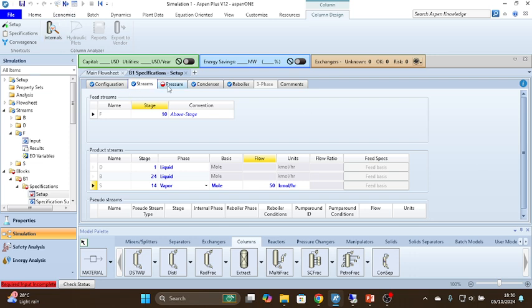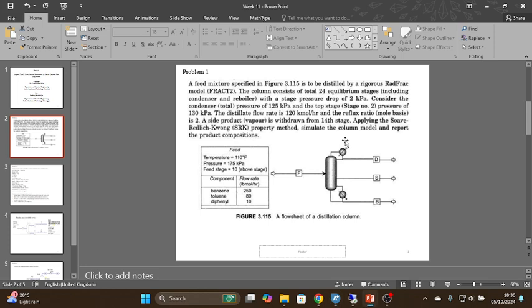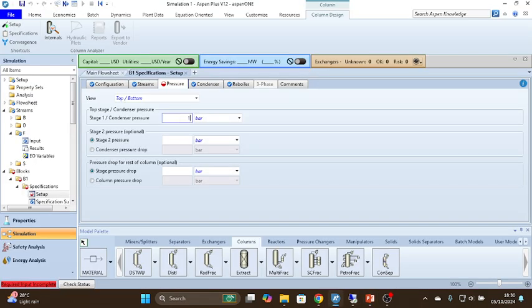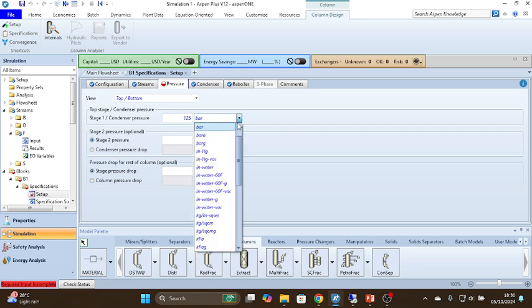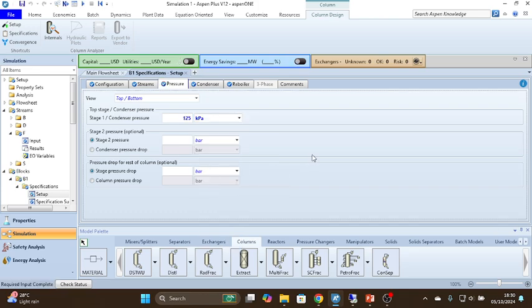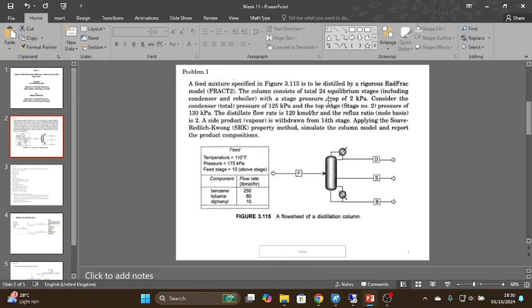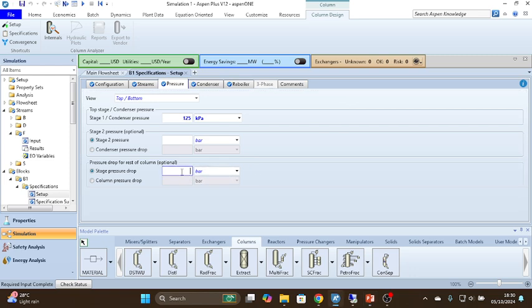So now the pressure is required. The condenser is 125 kilopascal. Stage pressure drop of 2 kilopascal.